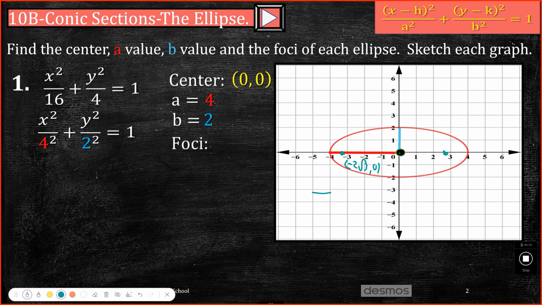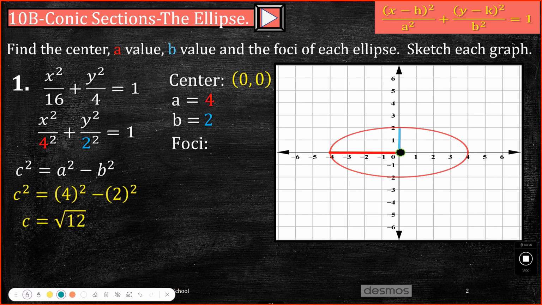And the one over here is about the same distance, so it'll be right here: positive 2 root 3, 0. And that's all you really need to know for this. Negative 2 root 3, 0, and positive 2 root 3, 0.